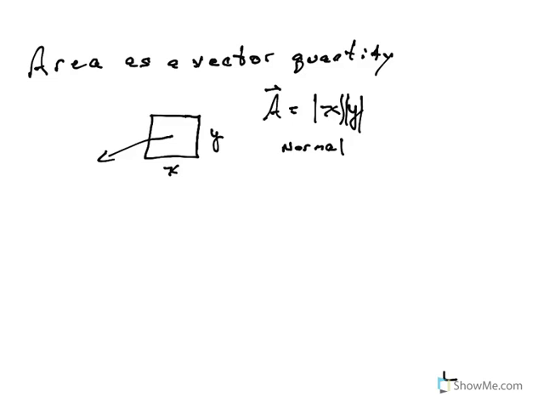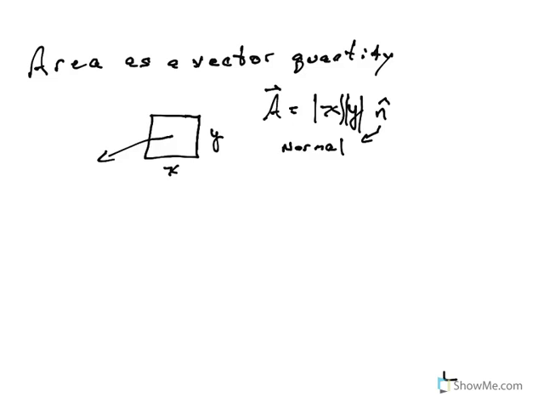And so that's how we'll call this, let's say, the n hat direction, where n means normal. So the area vector is going to be the area with some directionality associated with it, and we're going to define that direction of an area to always be perpendicular to the surface, normal to the surface.